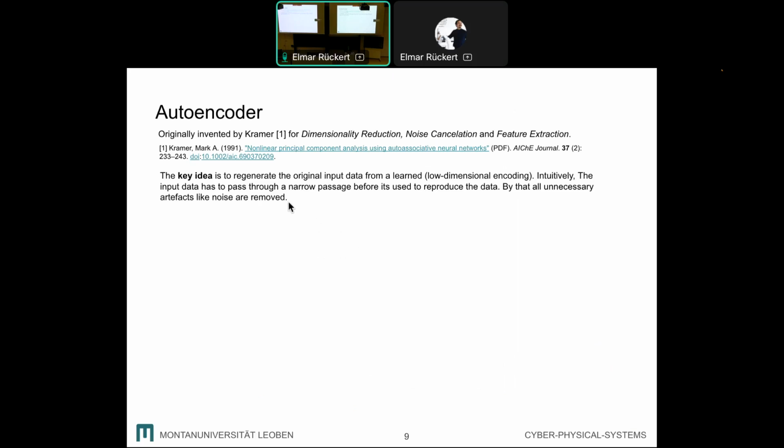So the key idea is that if we force all the data to pass through this narrow passage, we assume that by that we remove all the noise that is not important to reproduce the data. So let's say you have an image, or a video of something, and it's very noisy, your camera image is dark, but there is a single object in the image and it's static.